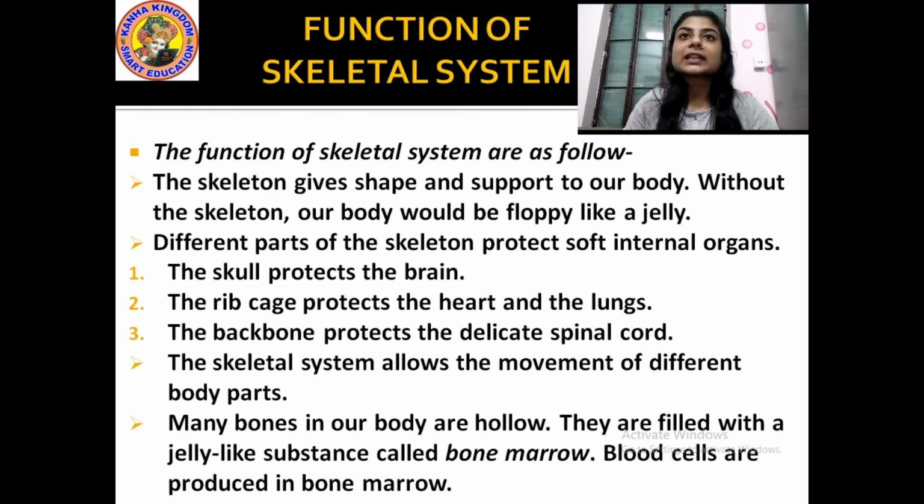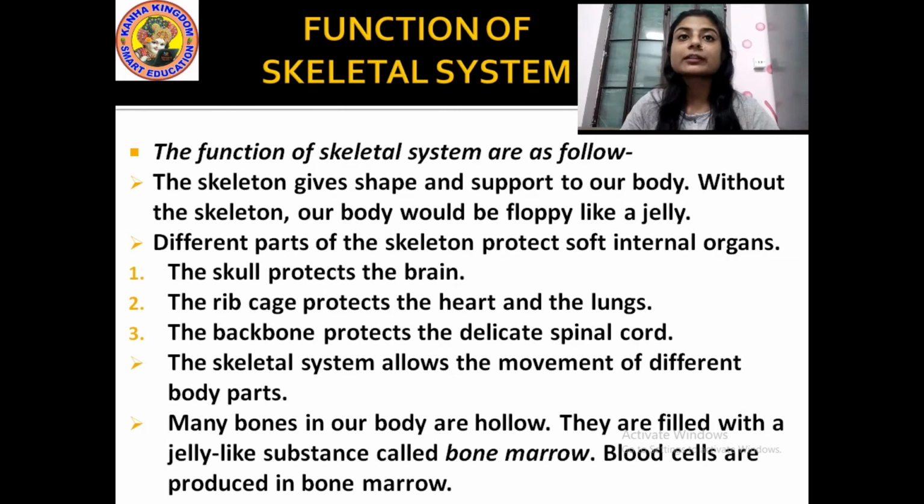So these are some functions of the skeletal system. I repeat once again. The skeleton gives shape and support to our body. Without the skeleton, we will not be able to hold our body, or else it would be floppy, floating around. The different parts of the skeleton protect the different soft organs: the skull protects the brain, the rib cage protects the heart and the lungs, and the backbone protects the delicate spinal cord.